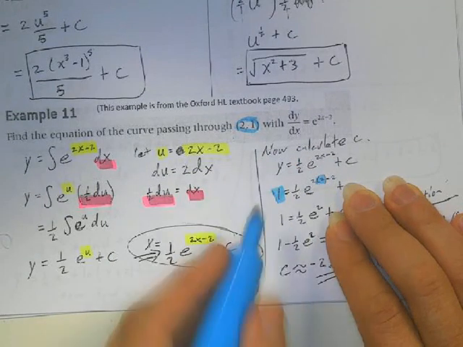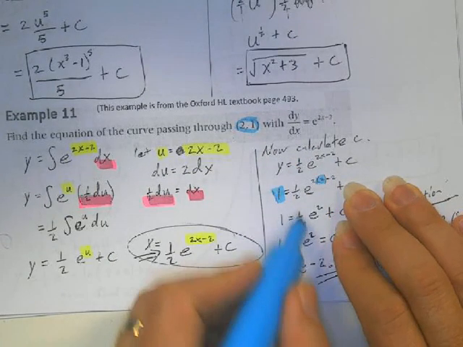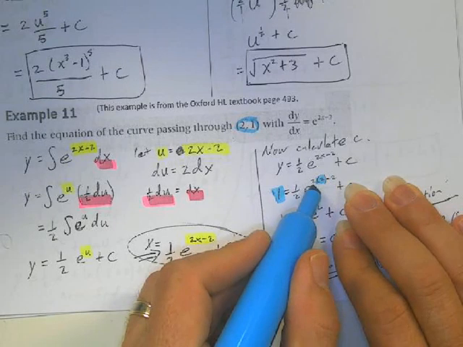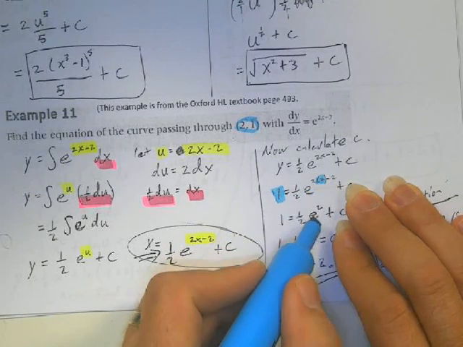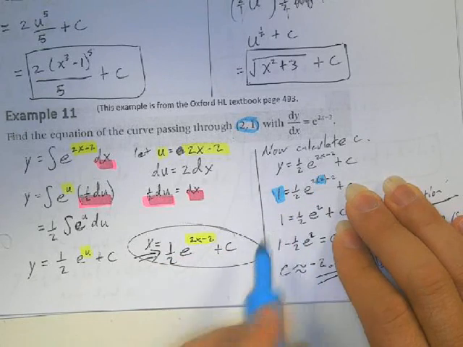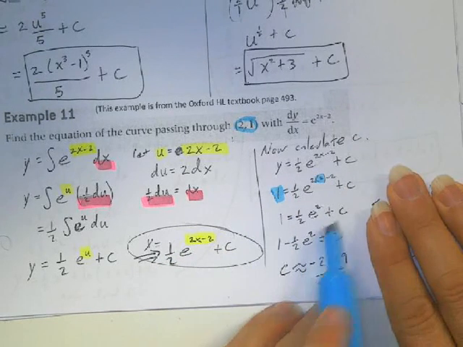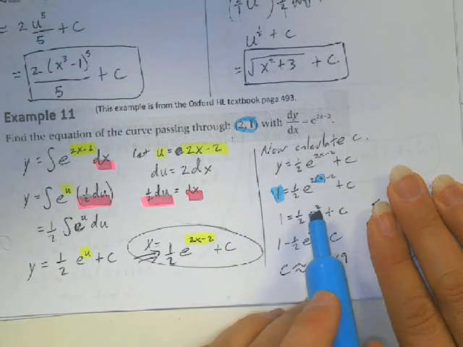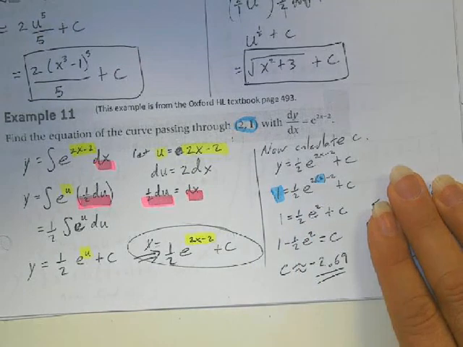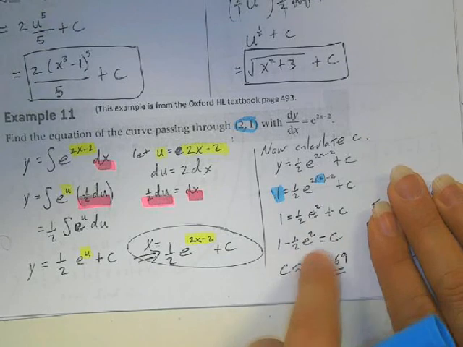Okay, and then I get 1 equals 1/2, and then 2 times 2 minus 2, that's going to give me e to the power of 2, and so I've got 1 equals 1/2 e squared plus c. Now I can bring the 1/2 e squared to the other side of the equal sign, use my calculator, get an approximation.